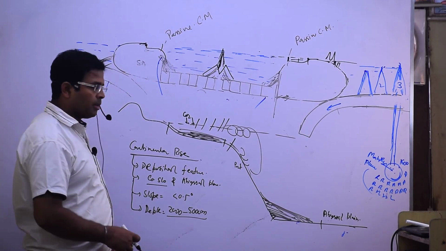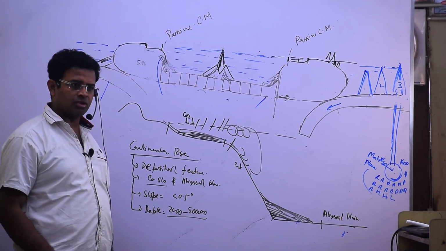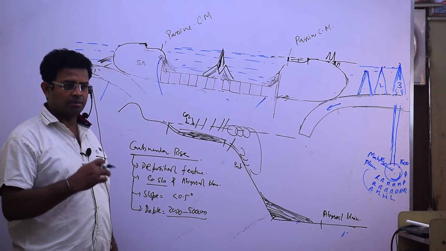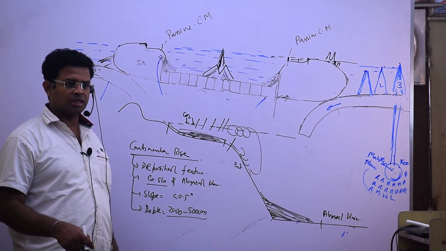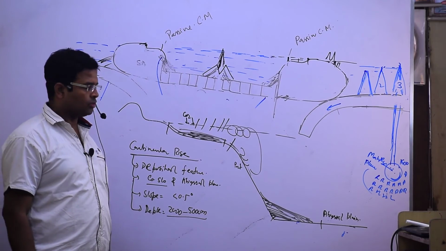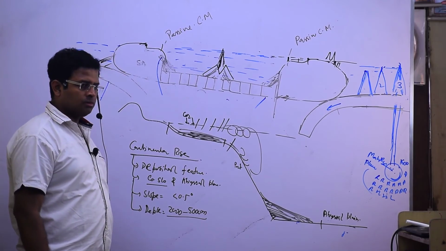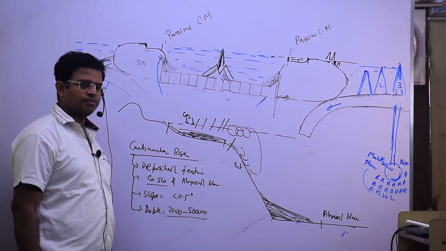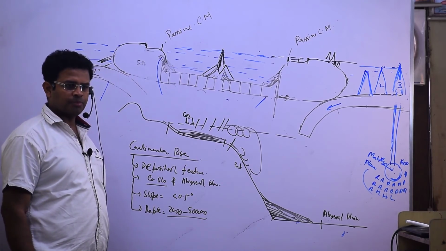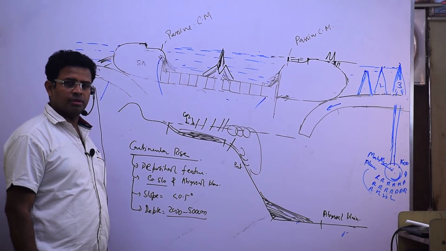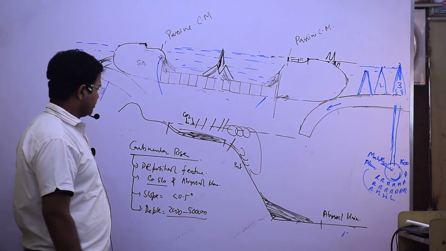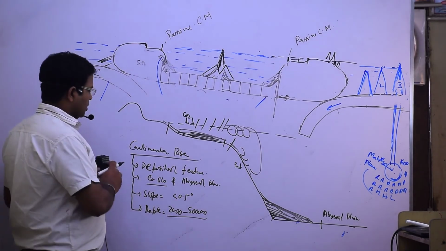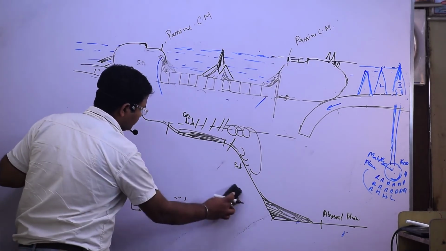So some portion यहाँ पर आप ये भी लिख सकते हो, it comes under abyssopelagic and bathypelagic. Bathypelagic 1000 to 4000 में रहता है, and then 4000 to 6000 is abyssopelagic. Shall I remove? So we have seen continental rise.